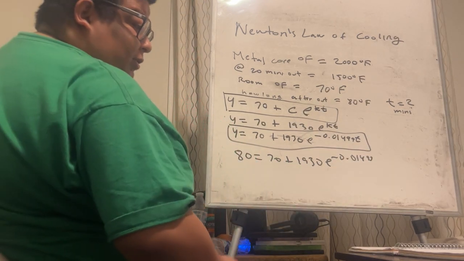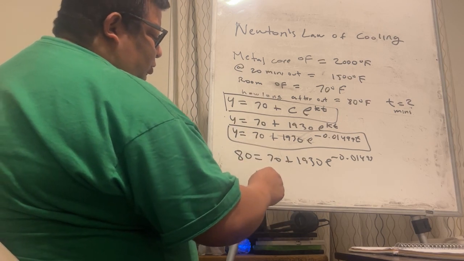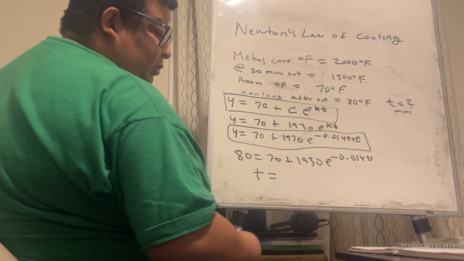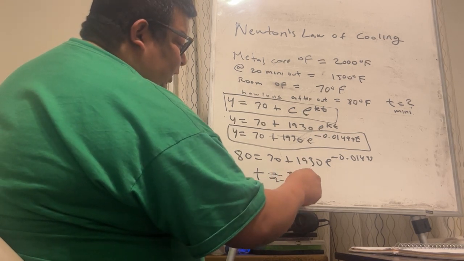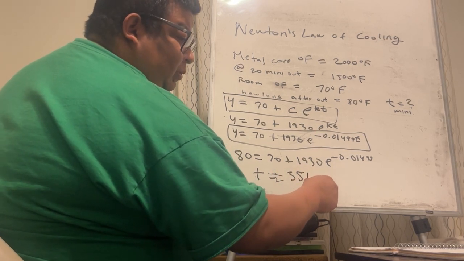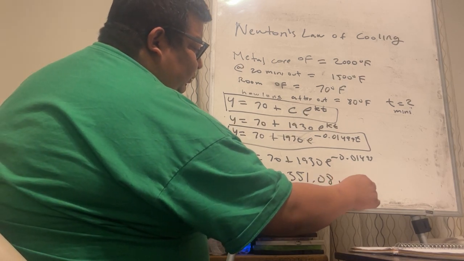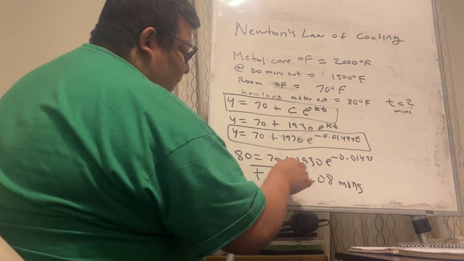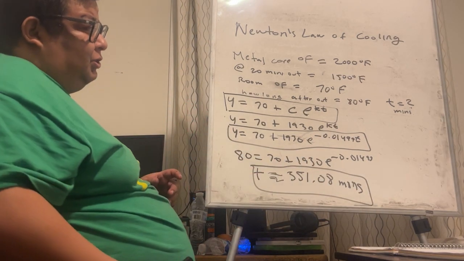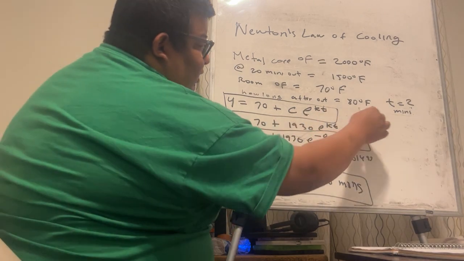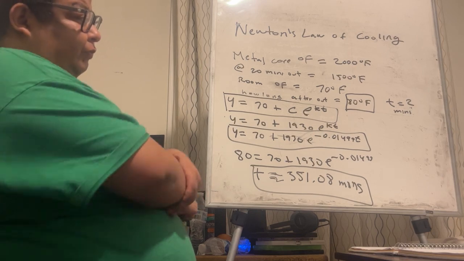After you do the math, taking the log on both sides like we've been doing, t is approximately 351.08 minutes. So after 351.08 minutes, the core temperature is 80 degrees Fahrenheit.